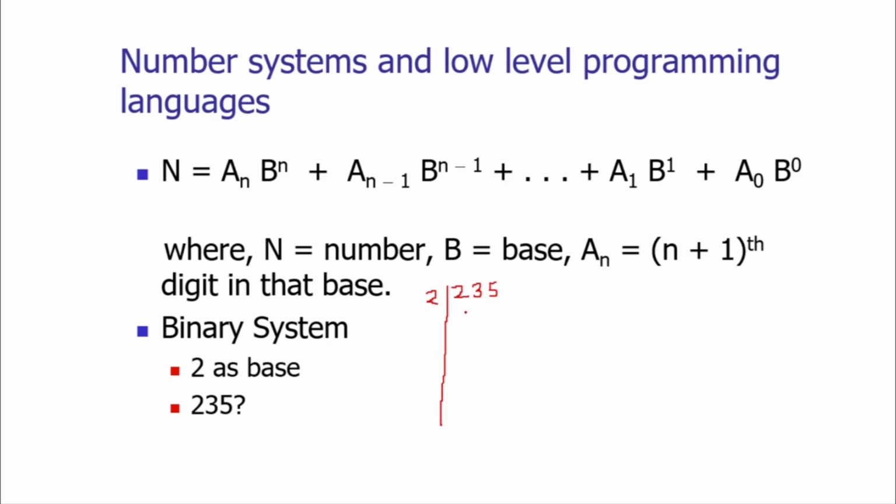If I divide it by 2, I am getting 117, and here I will note the remainder, which is 1. Again I will divide by 2, so I will get 58, and the remainder is also 1.